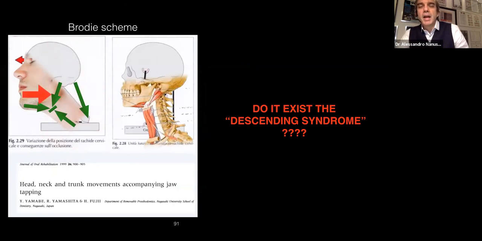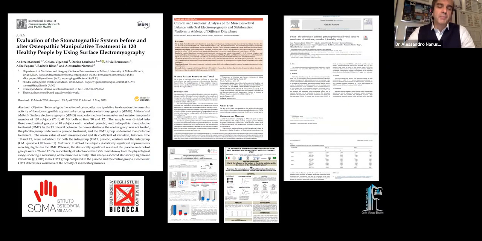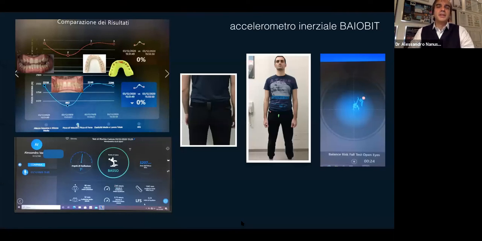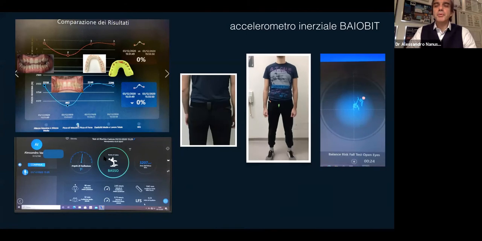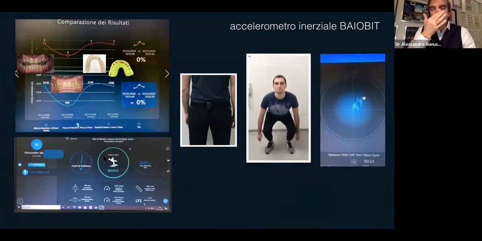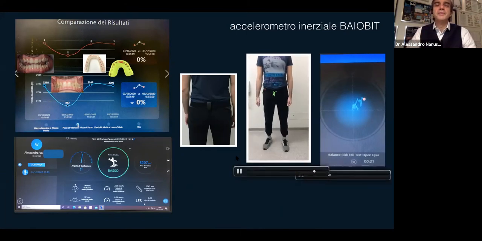We published many papers, and the splint and the mouth guard show us that the descending effect is real, because the splint improved the body balance and improved the jump.